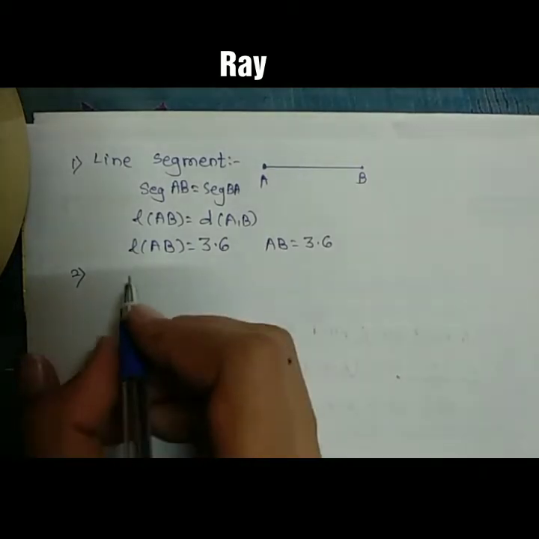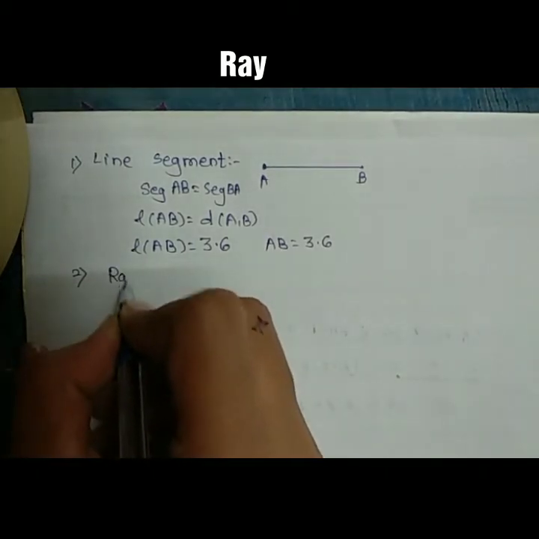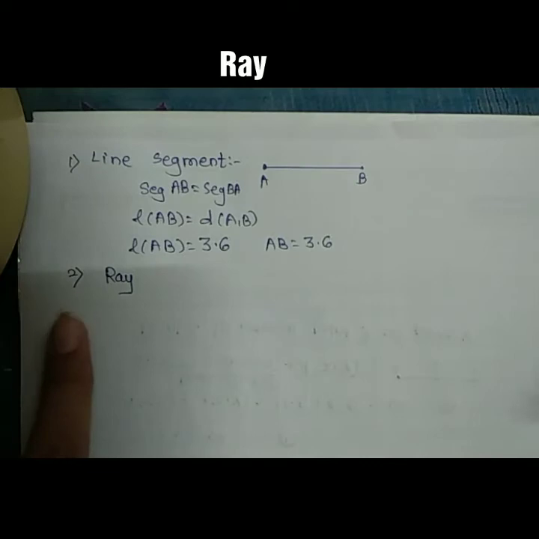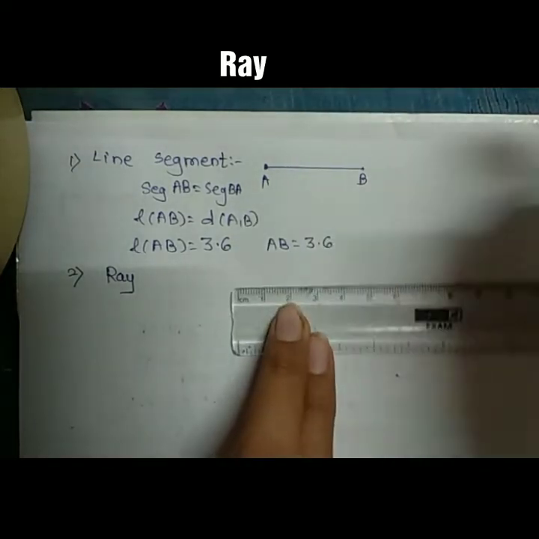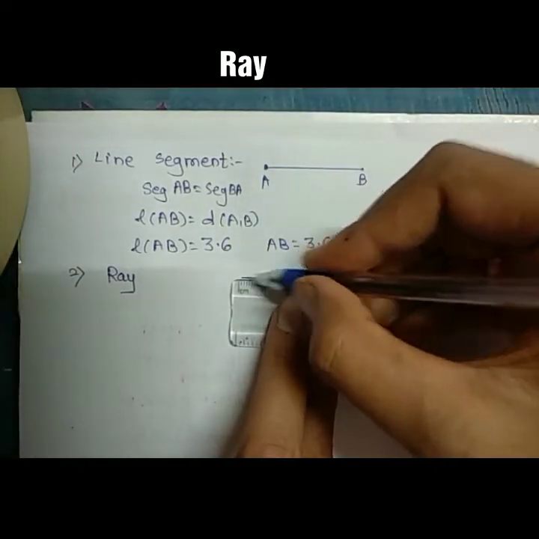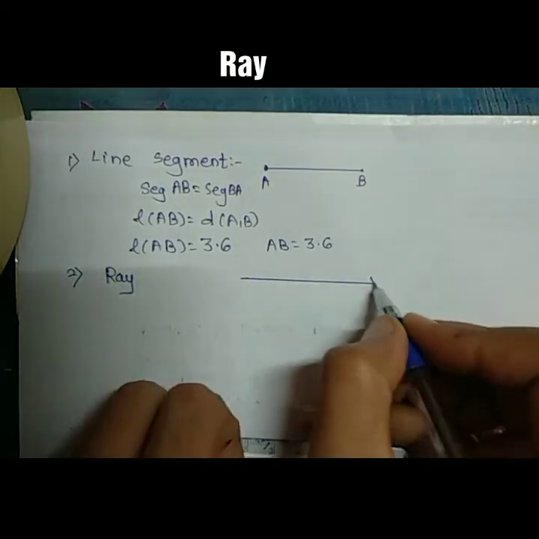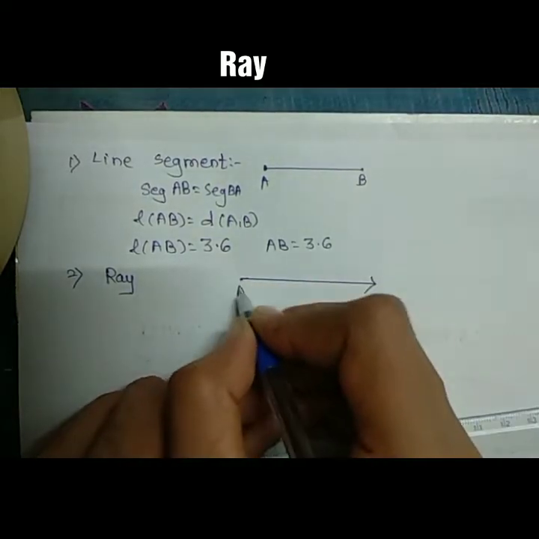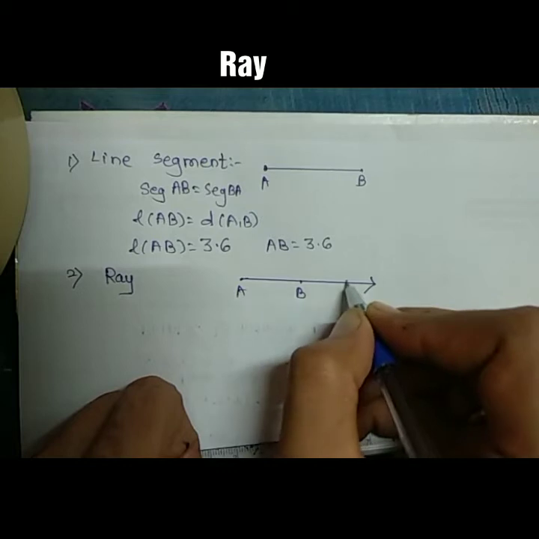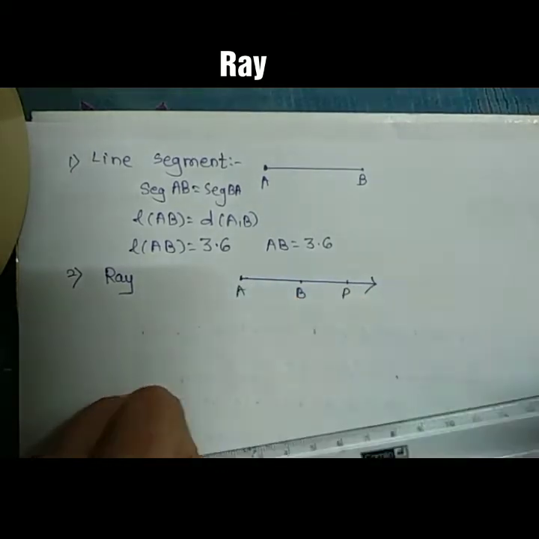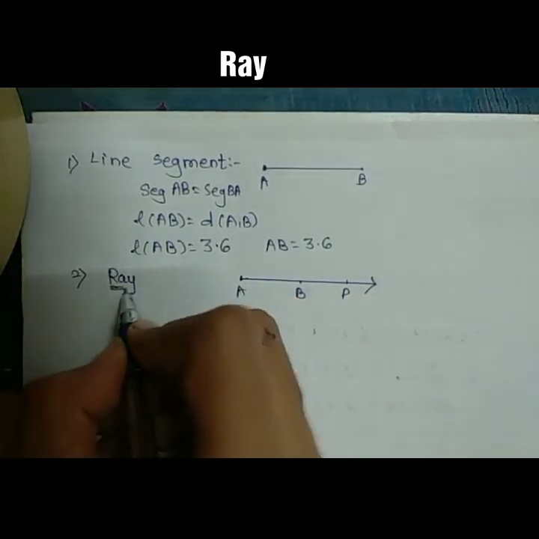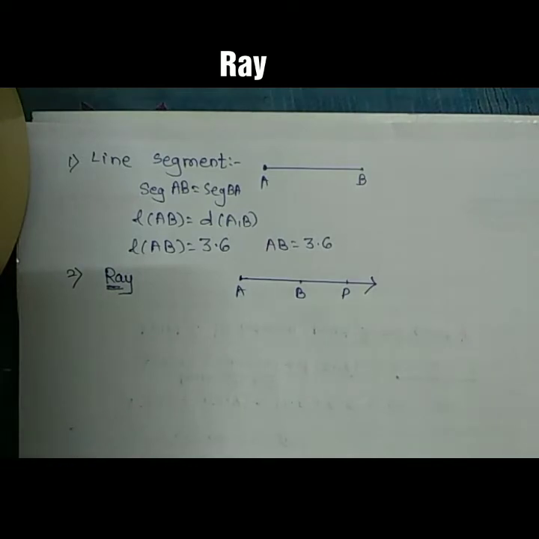Now the second point, ray. Suppose A and B are two distinct points.